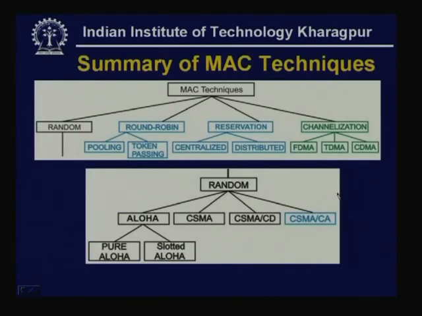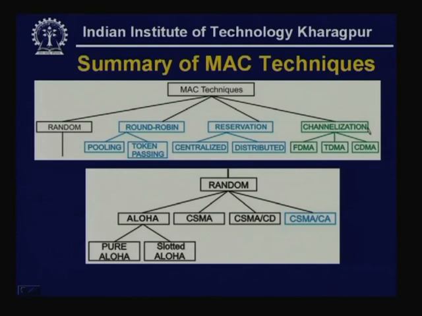So friends, we have discussed various medium access control techniques in 3 lectures. In the first lecture, as I mentioned, we discussed the random techniques: Aloha, CSMA, and CSMA CD. In the next lecture we discussed collision free protocols, where we covered carrier sense multiple access with collision avoidance, then round robin and reservation techniques.